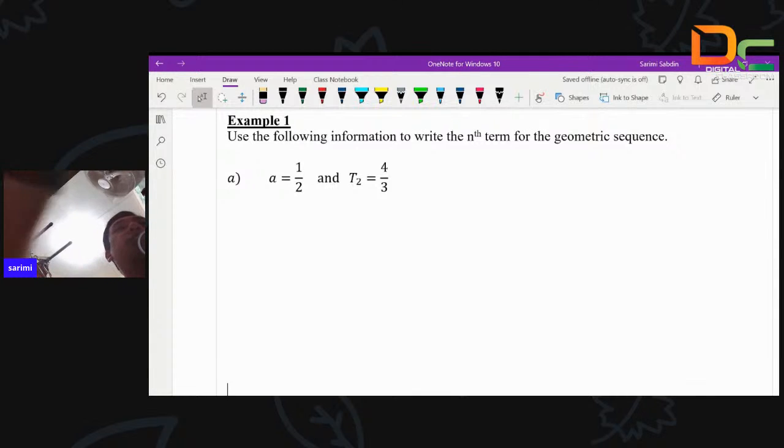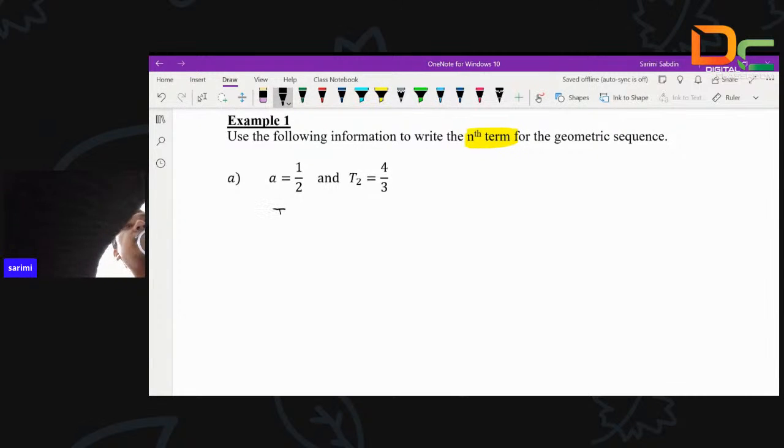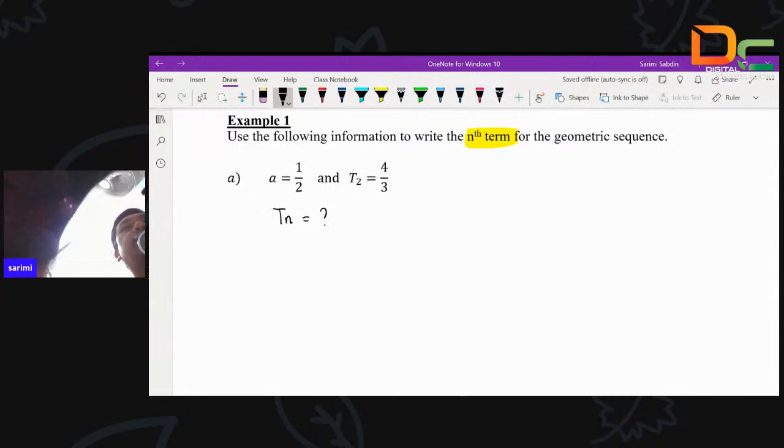For this question, we want to find the nth term, which means we want to find Tn. And the most important information in this question is that it's mentioned the sequence is a geometric sequence.